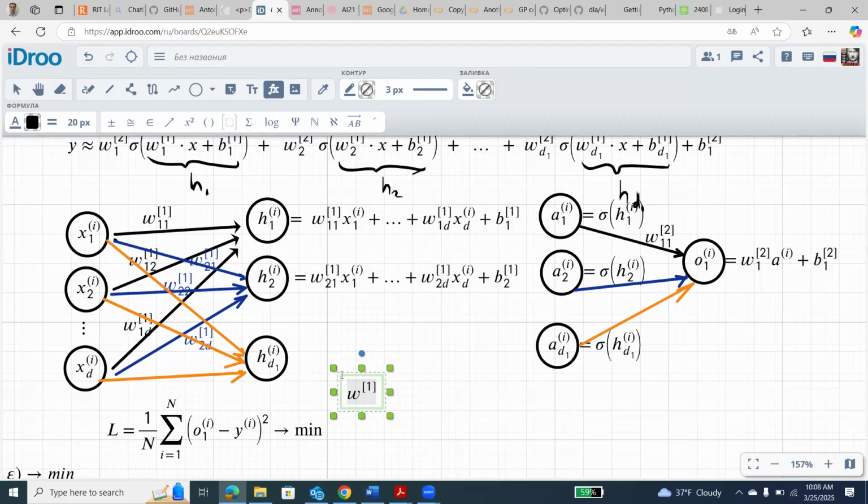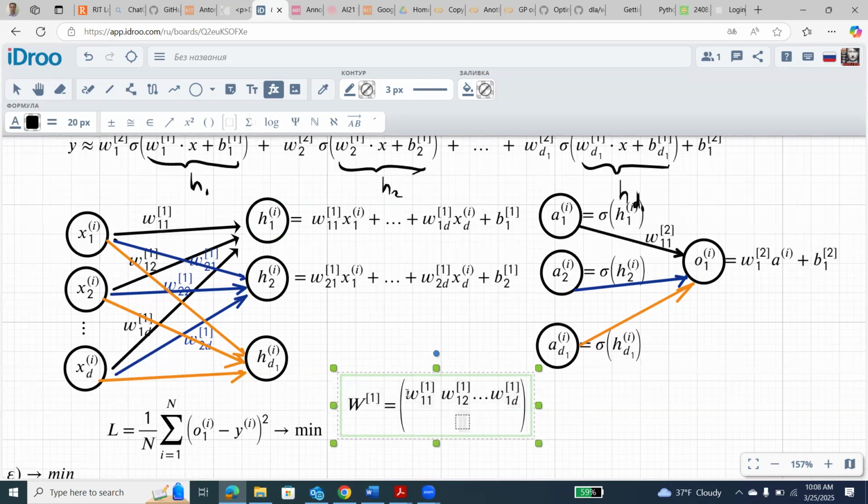And actually, it's maybe better to denote this by a matrix. Let's denote this by a matrix that contains these numbers.